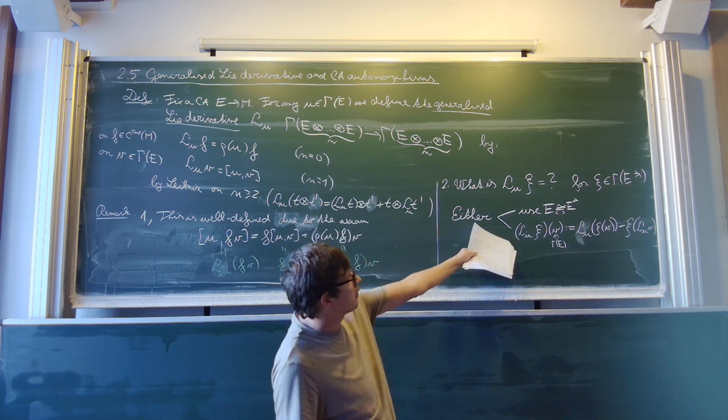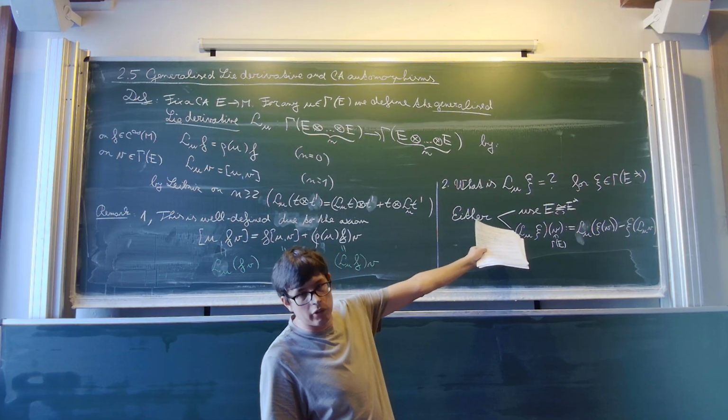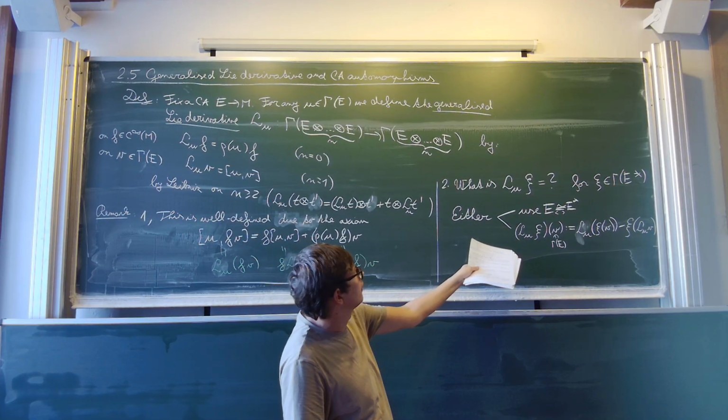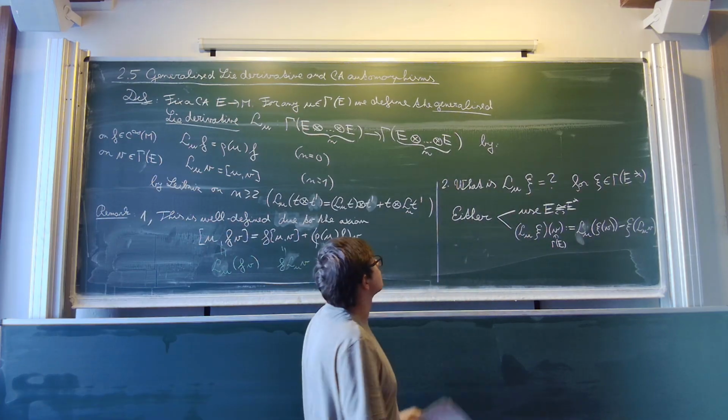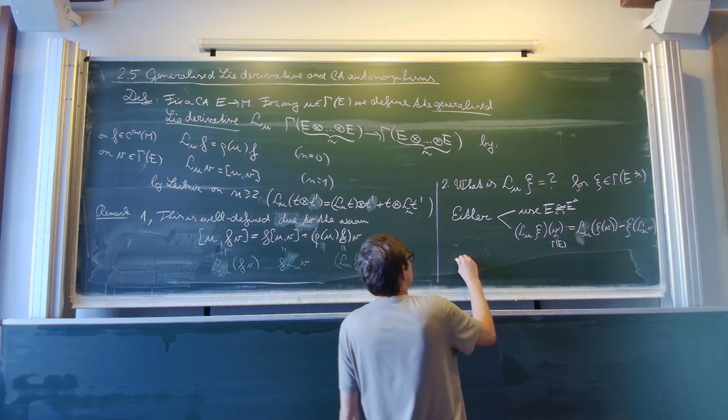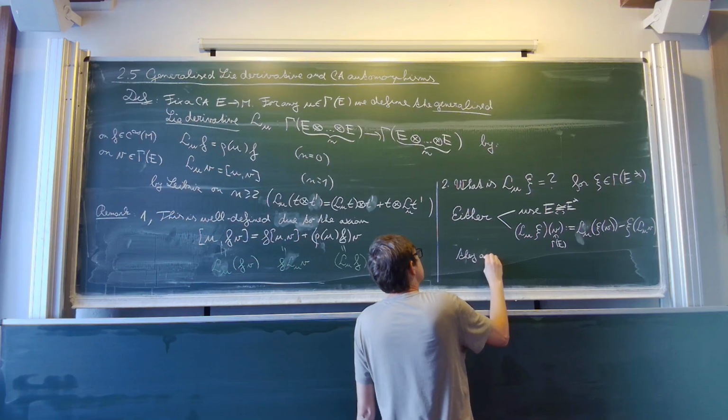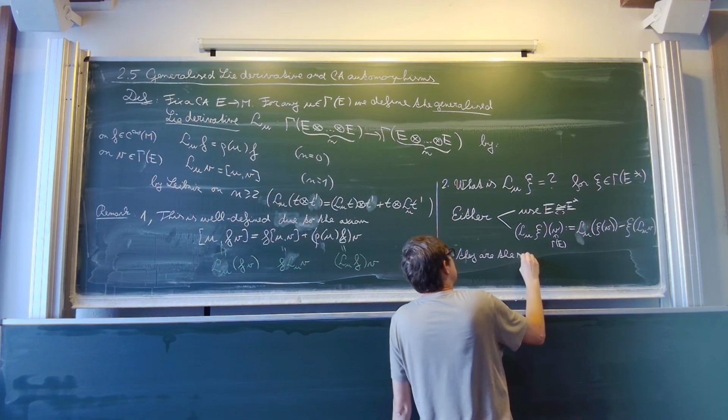This is how we define the Lie derivative on covectors, one form fields, in ordinary geometry. But now, which one do you use? Well, it doesn't matter. It's the same. So they are the same here.